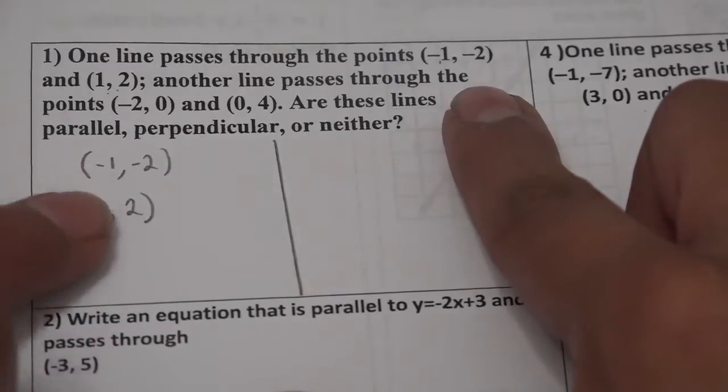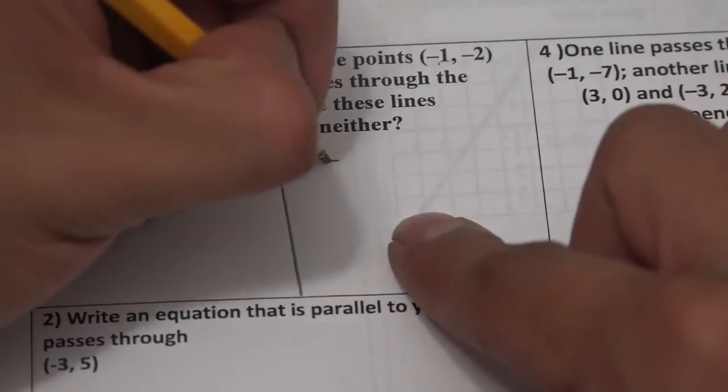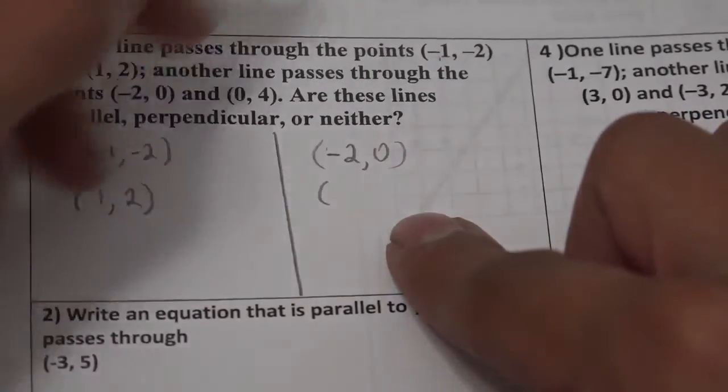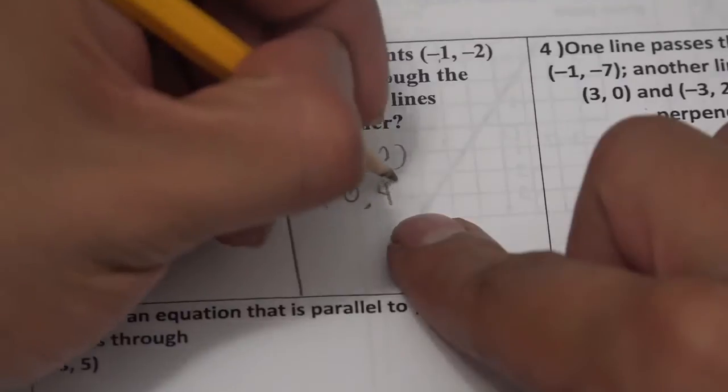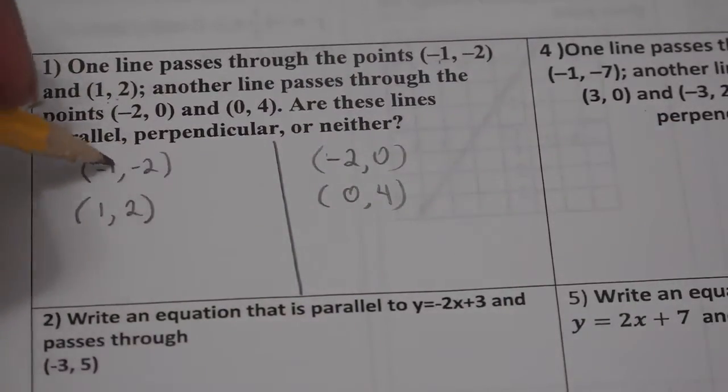Okay, so that's for this line, and for the other line it's negative 2, 0 and 0, 4. Let's see what the slope is here, using the ones and the twos.